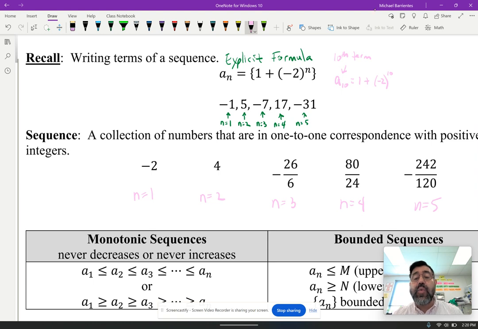So when they say there's a one-to-one correspondence with the positive integers, that means negative 2 belongs as the first term, and 4 is the second term, and negative 26 over 6 is the third term. Now, we weren't given the formula to figure these terms out, but we're just looking at them as a sequence of numbers that are in a specific position, and therefore that makes this a sequence that I can then analyze and determine whether it converges or diverges.